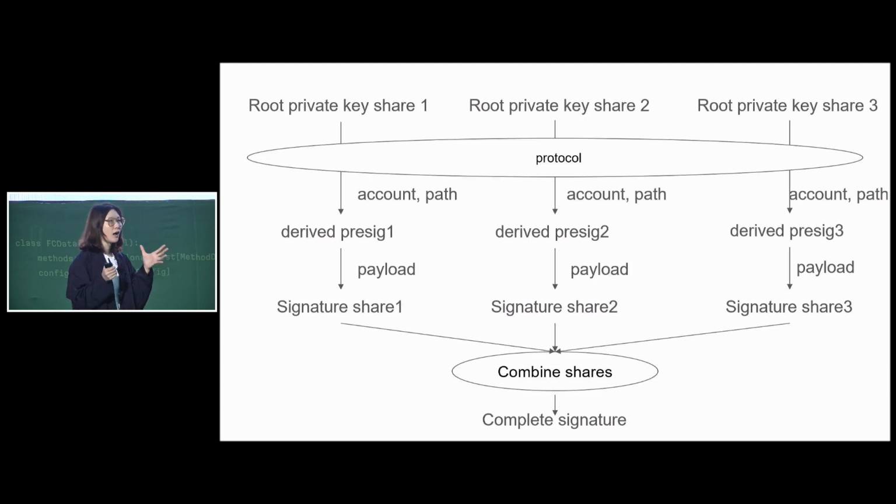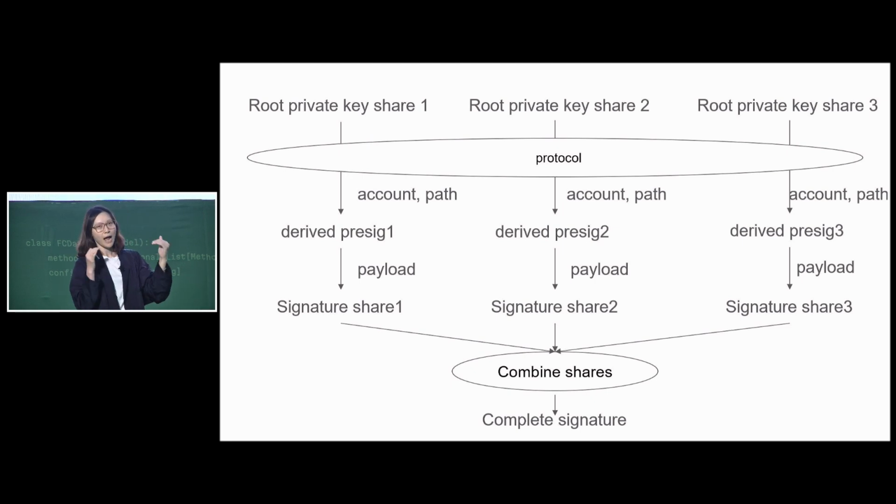So we have talked about how the architecture of the system is a smart contract and a set of nodes that are supporting it. Let's say there are 3 nodes in the system. Each of the nodes will have one root private key share. Whenever a sign function call comes into the system, it will also come in with the NEAR account that's calling it, which is the account here, and also the path.